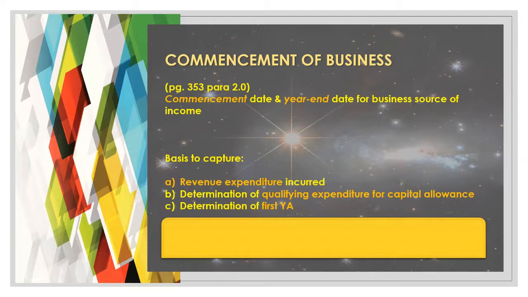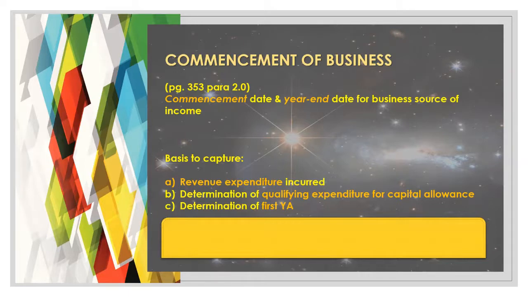Because pre-operating expenses refer to expenses that you incurred before you commence your business. So from a tax point of view, incorporation expenses and pre-operating expenses are non-allowable or non-deductible expenses. Therefore they cannot be deducted against your business income.